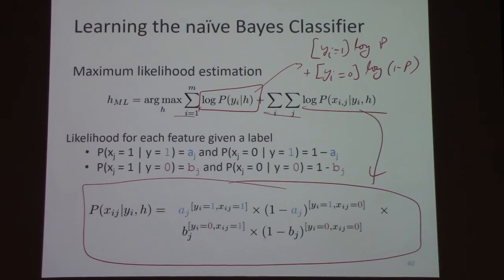Now here's the cool thing about these indicator functions. Let's take the example that we had before. You have 10 examples, y1 through y10. You know what, 10 is too many for me to write. Let's say y1 through y5.